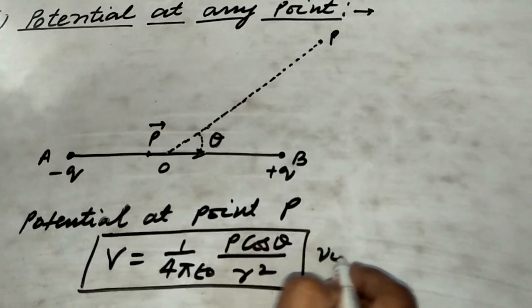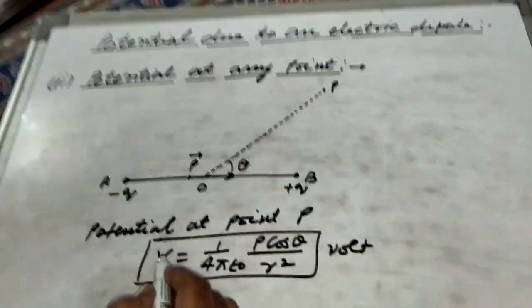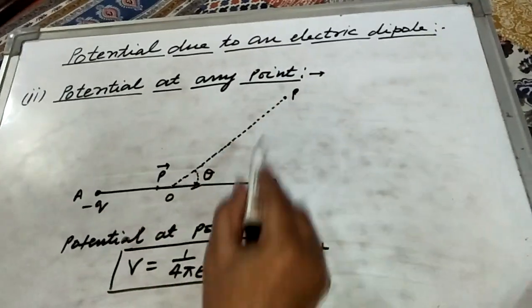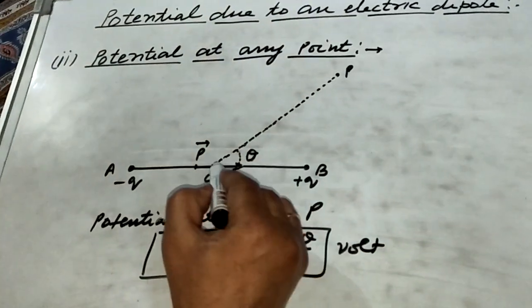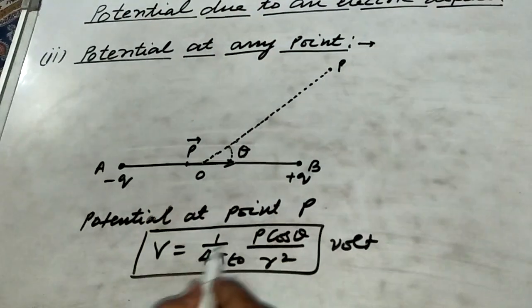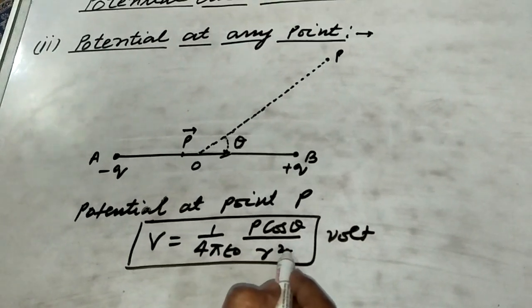So the electric potential due to an electric dipole at any point, where the line joining the point from the axis of the dipole makes an angle theta, is given by V is equal to 1 upon 4 pi epsilon naught p cos theta upon r square.